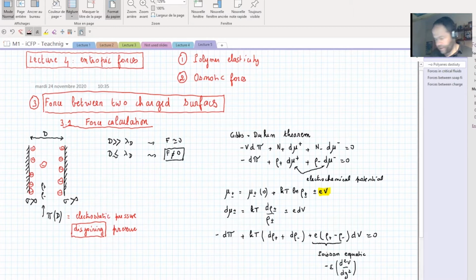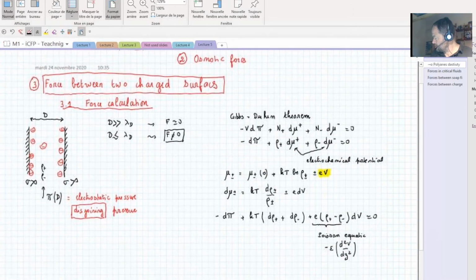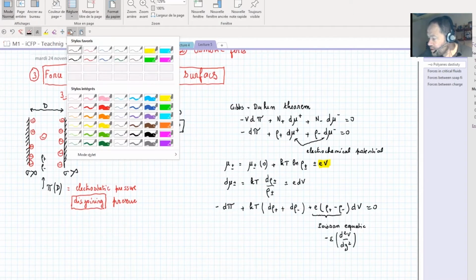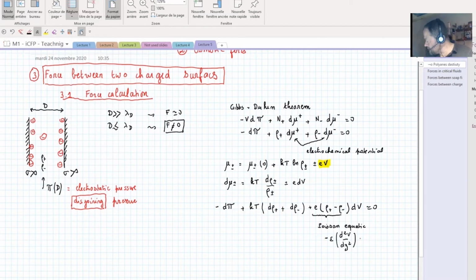Okay, but if you multiply, I try to use colors, since it is multiplied by dV, if I just recopy this, it is also with a minus sign, minus epsilon, the derivative of dV over dz, square.